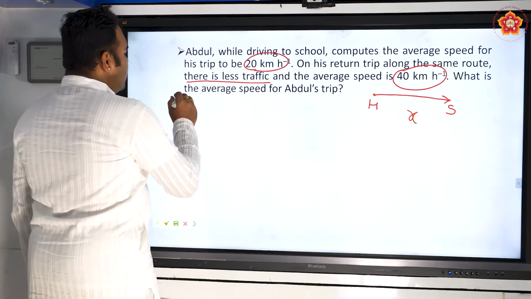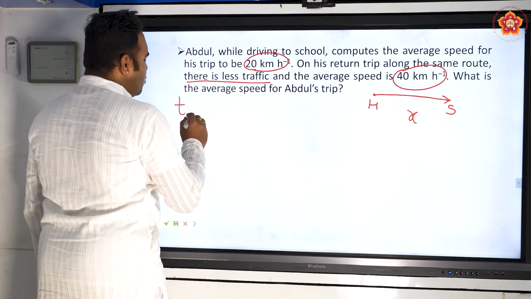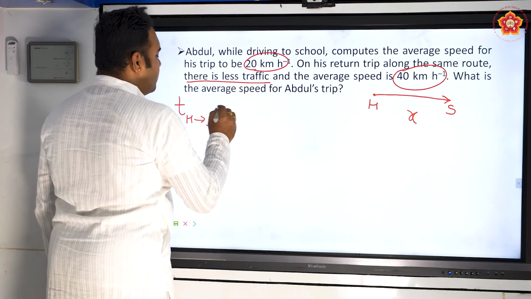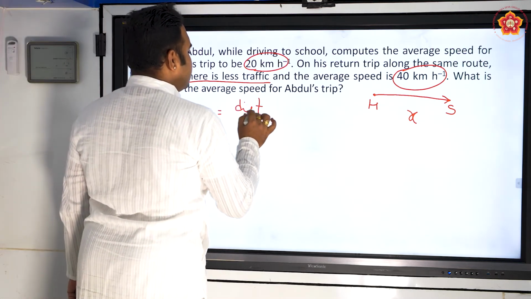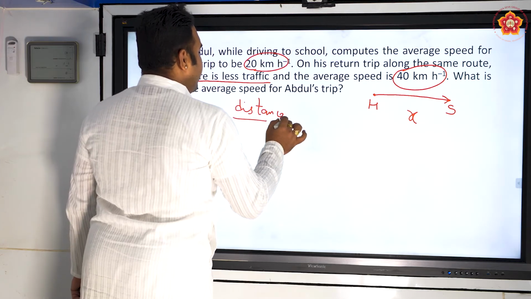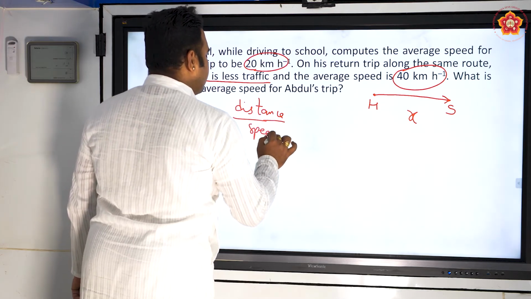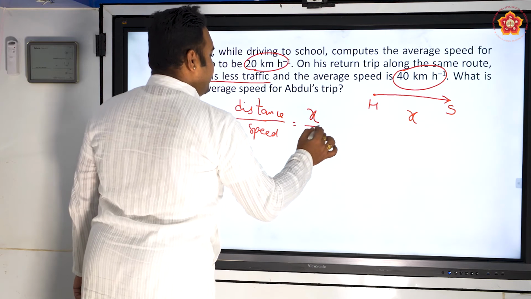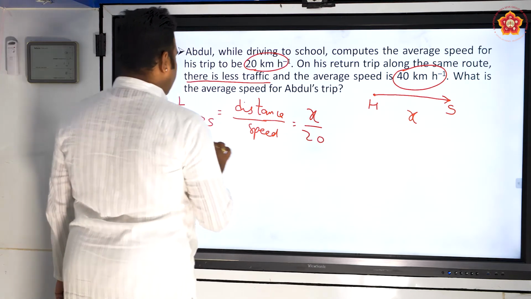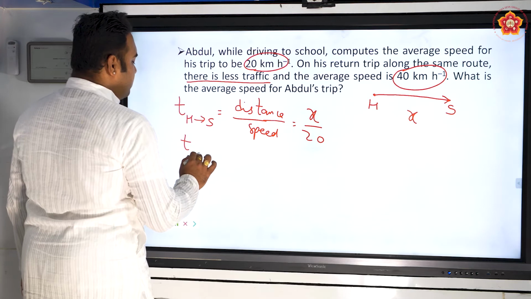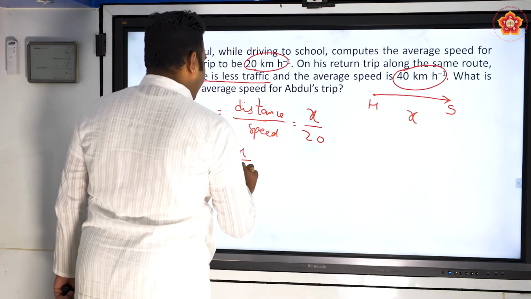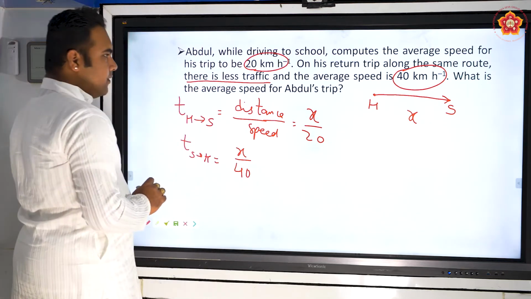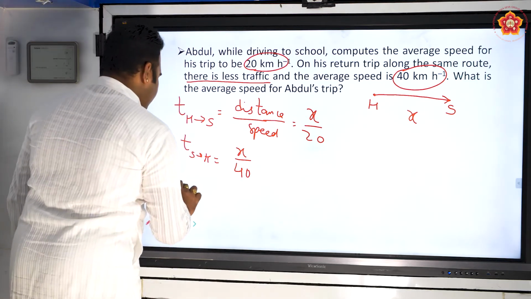Now what is the time taken from home to school? They have not given it, but we have to calculate. For the distance travelled, time is distance by speed. Distance, we know, is x, by speed 20. Time taken from school to home, the return trip, same distance by speed, it will be x by 40. What will be the total time?